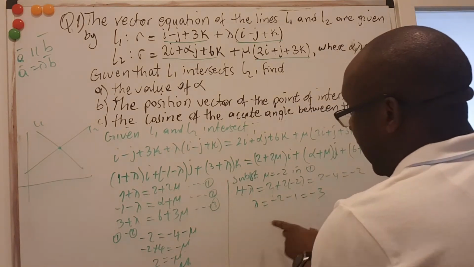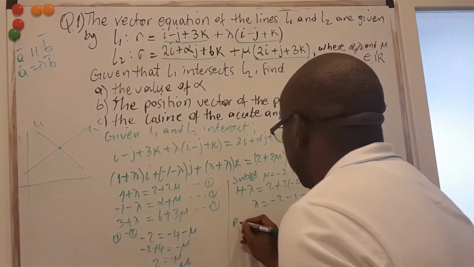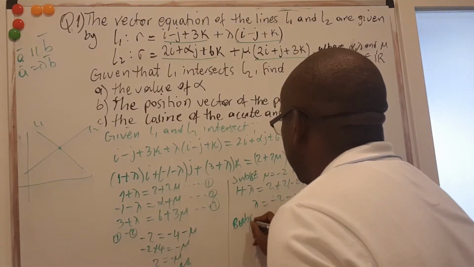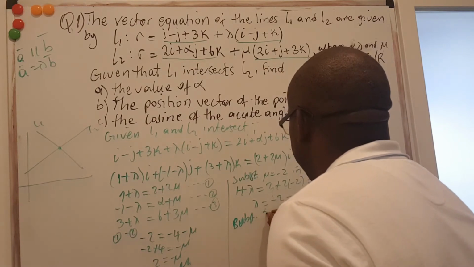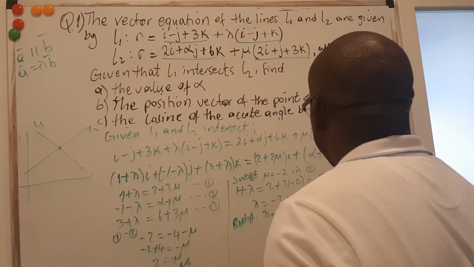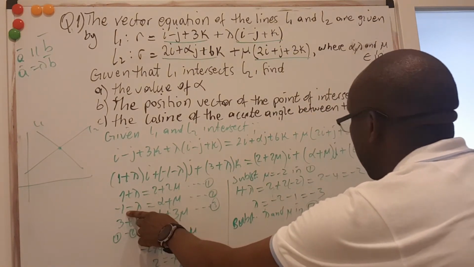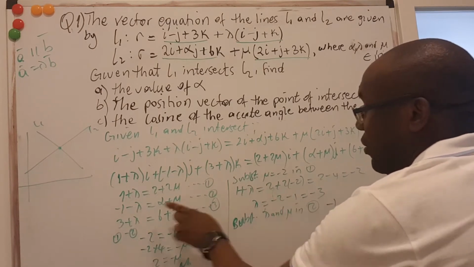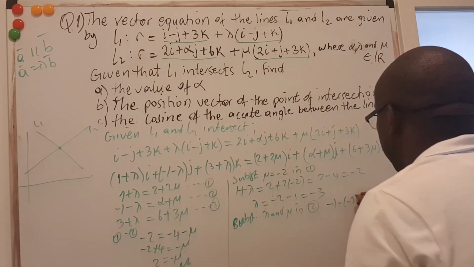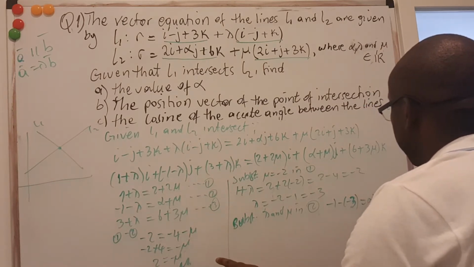Since I have lambda and mu, I can put them in equation 2 in order to get alpha. So substitute lambda and mu in equation 2. If I do that in equation 2, I have minus 1. Lambda is minus 3, so that's minus minus 3, should be equal to alpha.